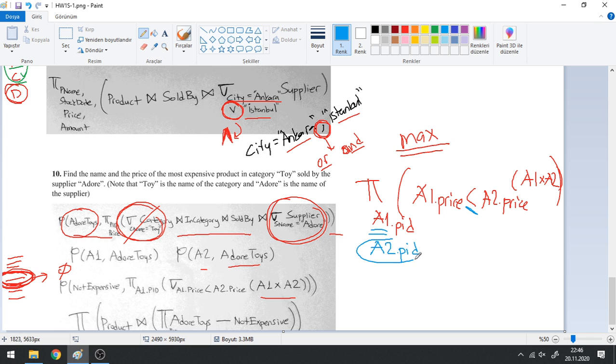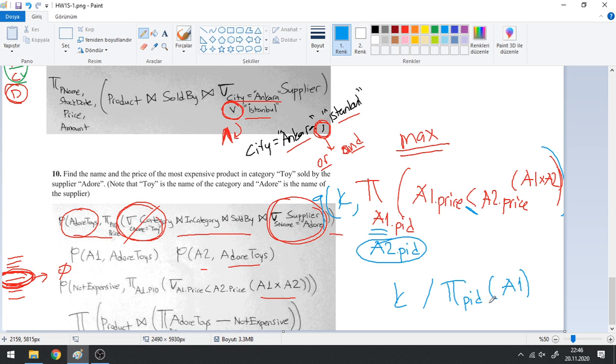And I'm projecting A2.PID. And then for this part, let's say this is some K. I gave the name K to this part. Then I can say K is going to be divided by the PIDs from the same table.